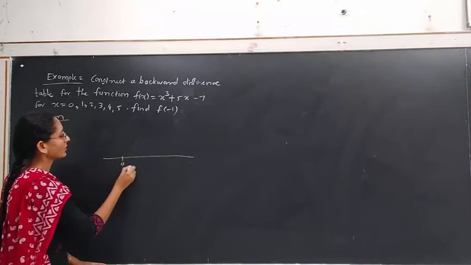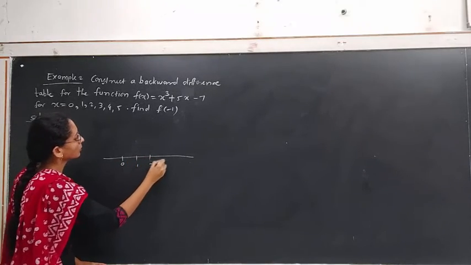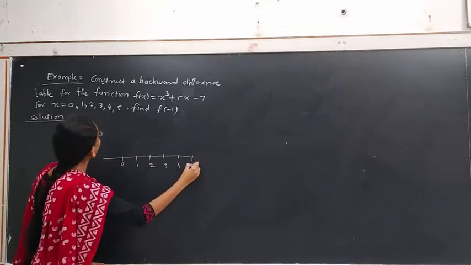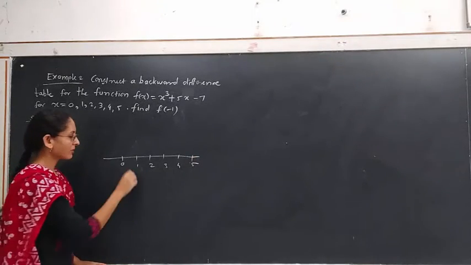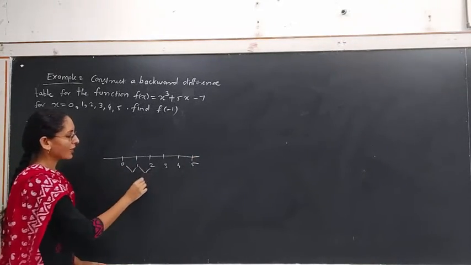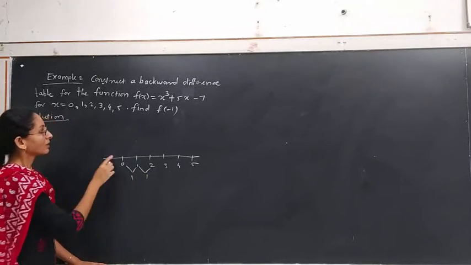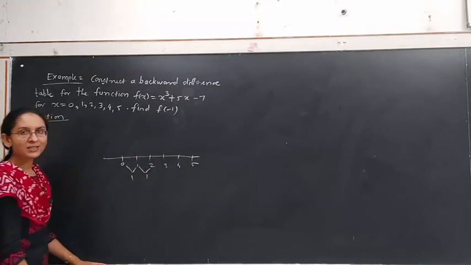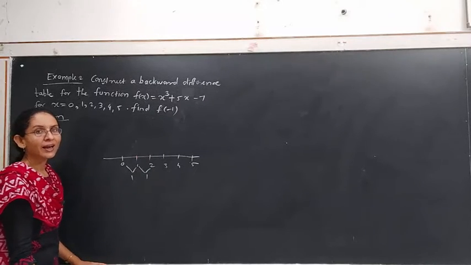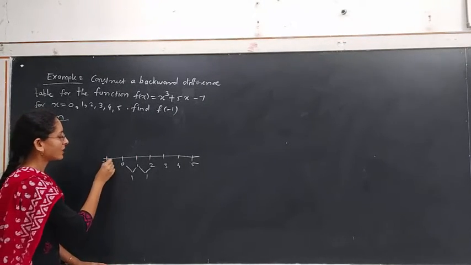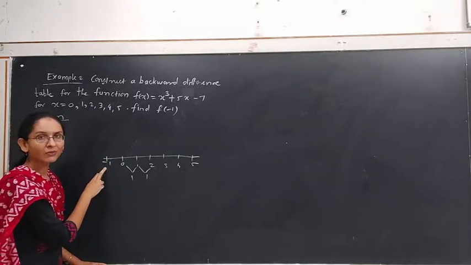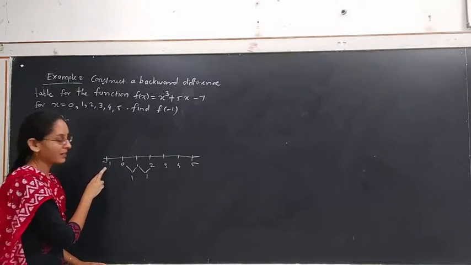We have been given values of x as 0, 1, 2, 3, 4, 5. Hence, the value of h is 1 because the difference between any two consecutive values of x is 1. We have to find the value of f of minus 1, which means we consider x equal to minus 1 in the next case. But minus 1 lies at a distance 1 from the point 0 towards the left side.